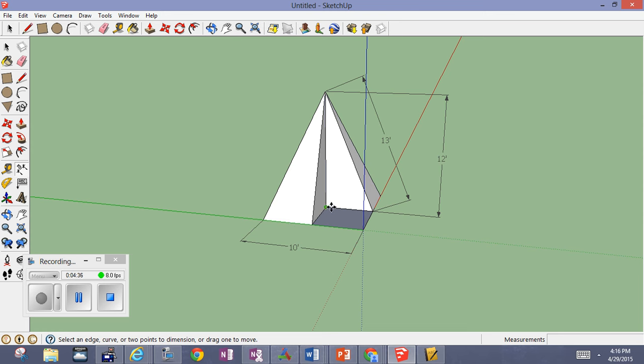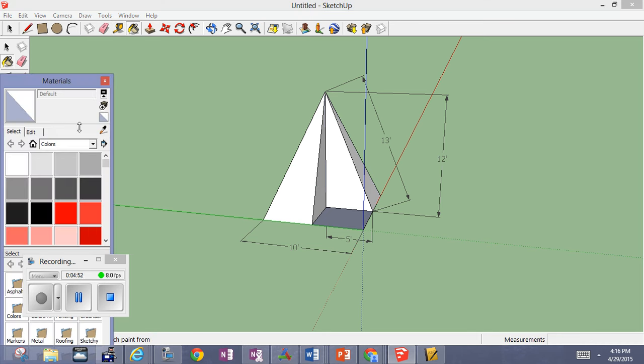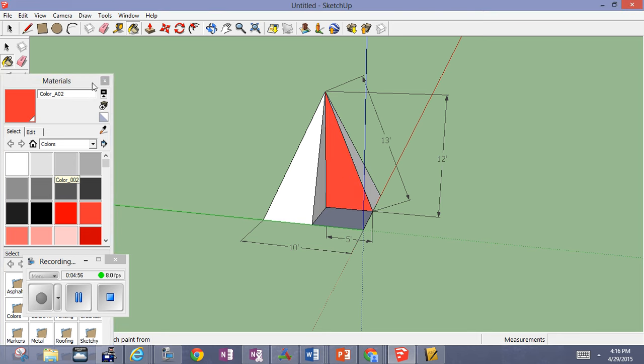Yes, it is. So that is 5 right there, no surprise. So there's my 5, 12, 13 triangle in there. Let's paint that up with a red so you can see it a little better.